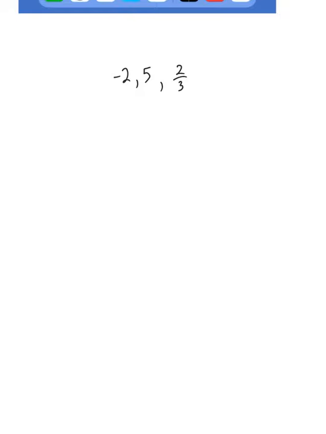So here at -2, if x equals -2, then add 2 to both sides, that would give you your 0. So one of your factors should be x plus 2. The other one should be x minus 5.